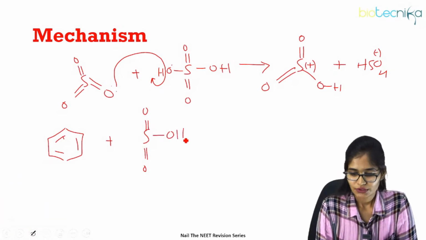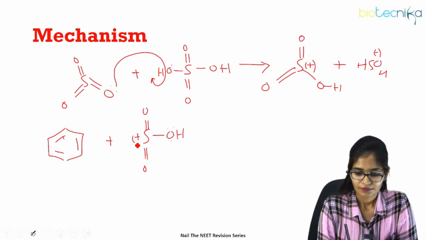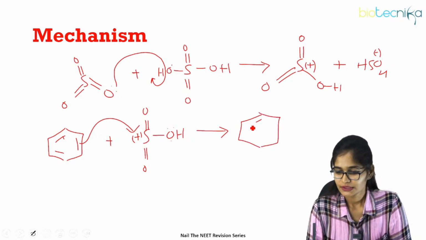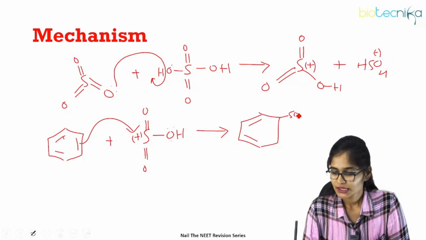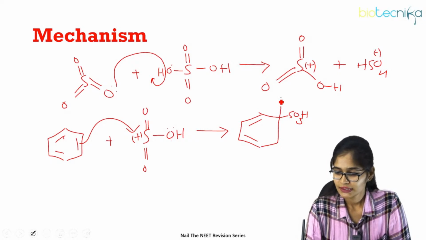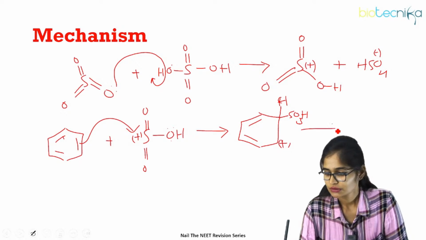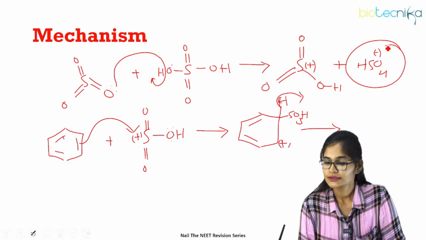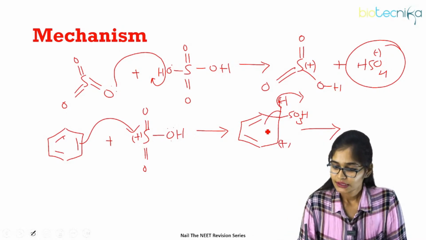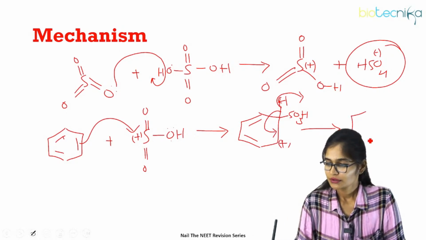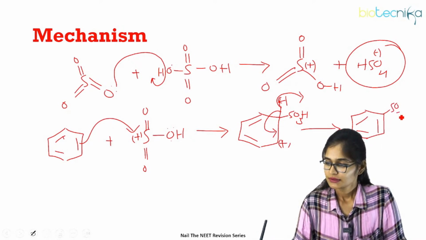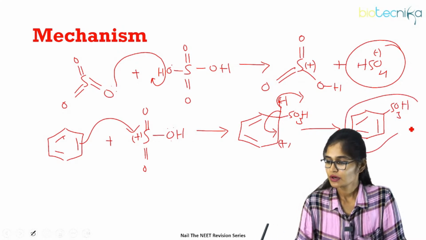Again, every step is one and the same. Here the same carbon is bearing hydrogen and carrying the positive charge, so this hydrogen will go out with HSO4 minus as H2SO4, and it will give its electrons back to the bond where the ring aromaticity is retained, and benzene sulfonic acid is the product you get.